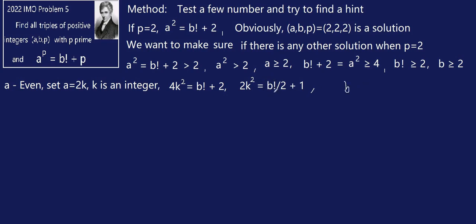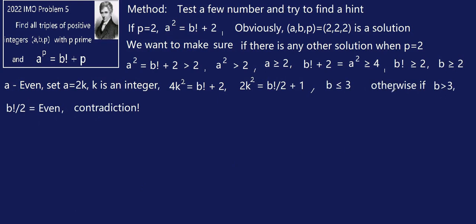If b is greater than or equal to 4, b factorial divided by 2 will be an even number, and even number plus 1 will be an odd number, so the equation will not hold, a contradiction.